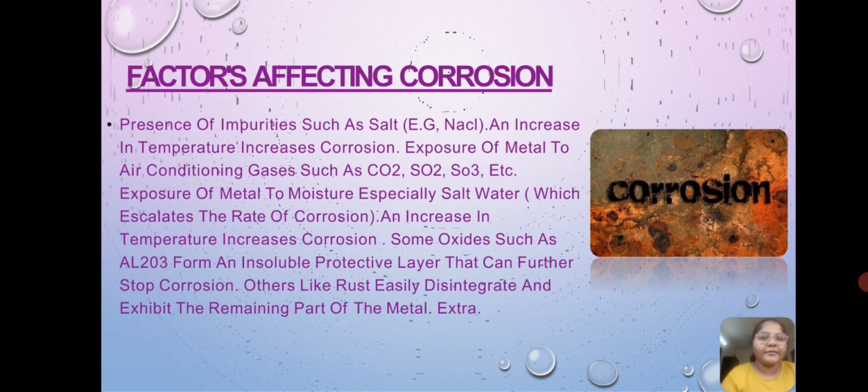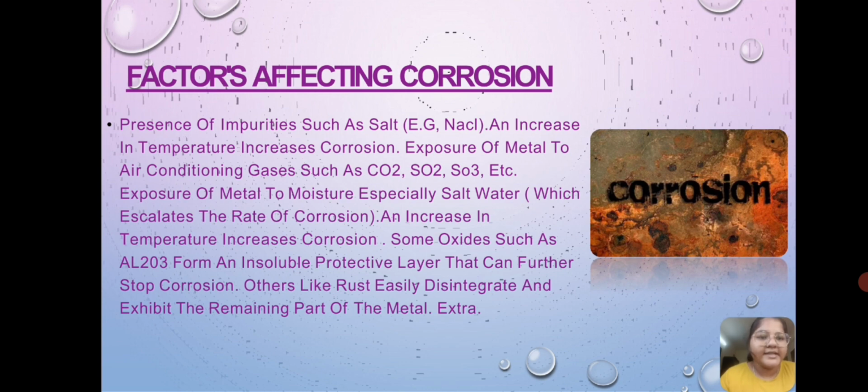Factors affecting corrosion: presence of impurities such as salt, and increases in temperature, increase corrosion. Exposure of metal to air containing gases such as CO2, SO2, SO3, etc. Exposure of metal to moisture, especially salt water, and increase in temperature increase corrosion.